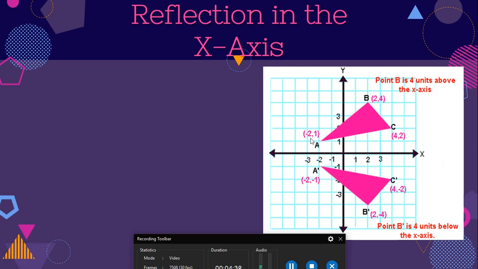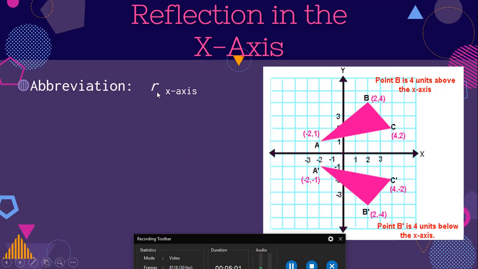From A, it was at (-2, 1), and now it's at (-2, -1). How about C? It was at (4, 2). Now it's at (4, -2). Hopefully you're seeing what's happening to the points when it's reflected in the x-axis. So we don't write out reflection.